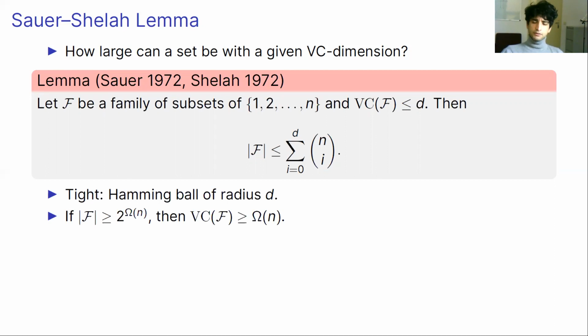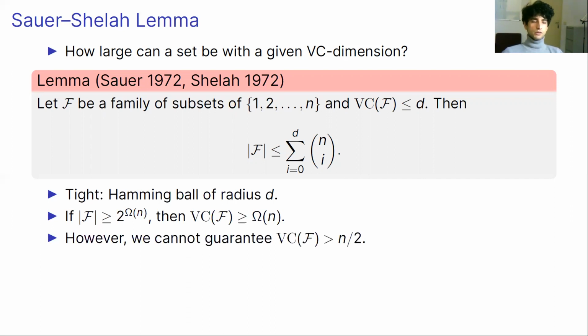This is a very useful bound, and in applications that I'm interested in, it's usually enough, because if you have an exponential size family, then this bound already implies that the VC dimension is linear. So that's good, but sometimes we want more. It would have been nice if we could guarantee that the larger the family is, the closer we would actually get to n.